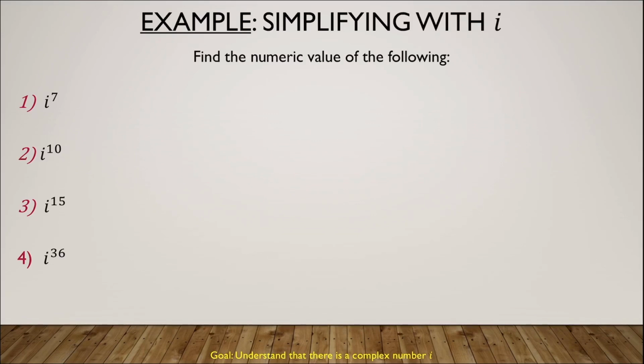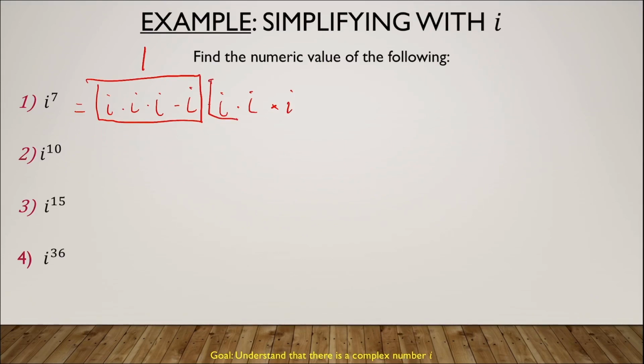So to find the numeric value of i to the 7th, I have i times itself 7 times: 5, 6, 7. So for every 4 that's equal to 1, I have 3 left over, right? That's 1 times i to the third, which we just say is a negative i.